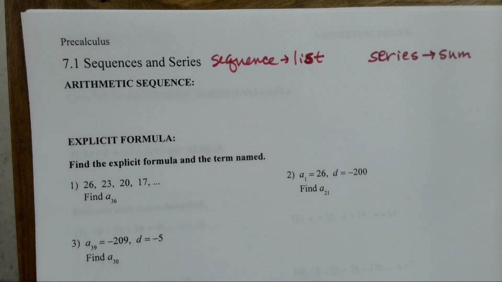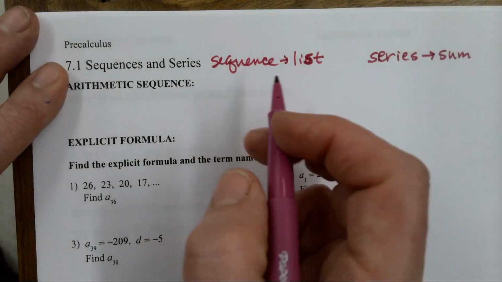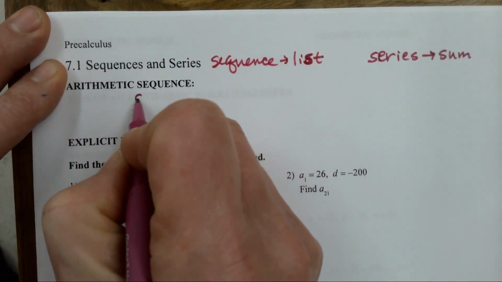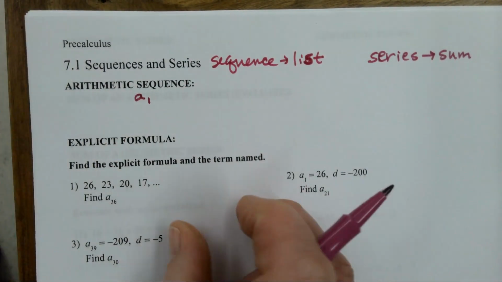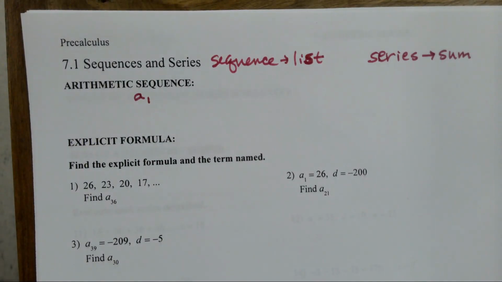So when I look at an arithmetic sequence, I am looking at a list of numbers. And our first number is A subscript 1. You could actually use any other letter, but we typically use A. This is A subscript 1, and I refer to it as A sub 1.